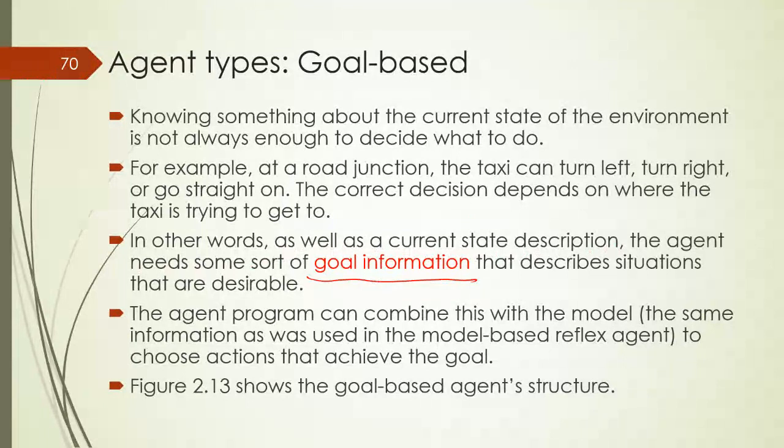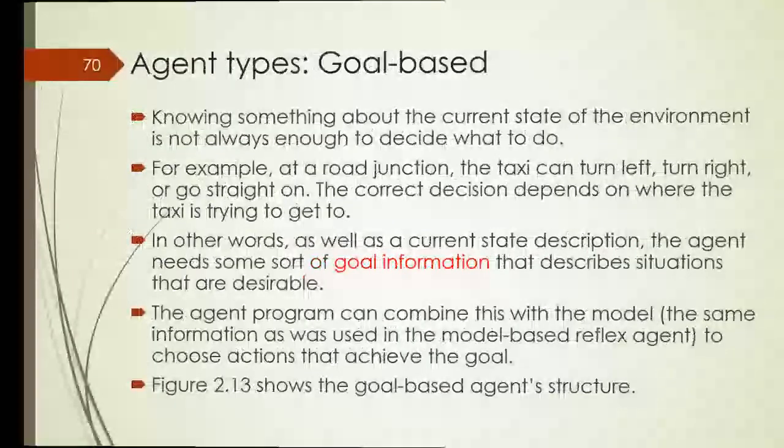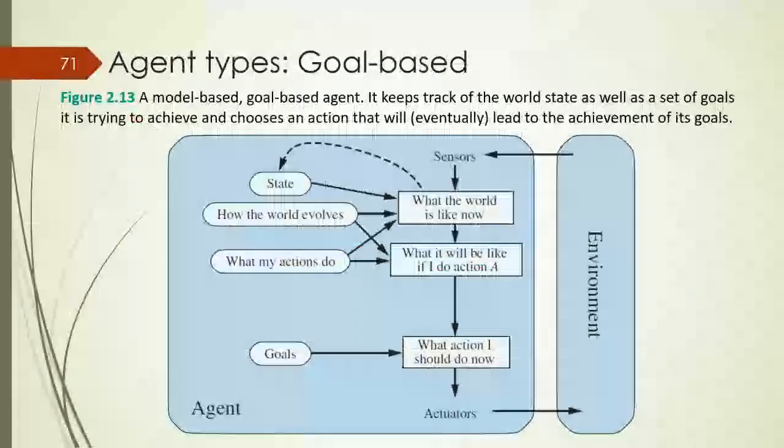The agent program can combine this with the model information, the same information as was used in the model-based agent. So we're trying to build up a model of the environment. We also have a goal of our own. We want to find that goal within the environment. So it would be something like this. On top of my decision-making parts, if-then rules or a combination of tables and if-then, I also have to add some goal as well.